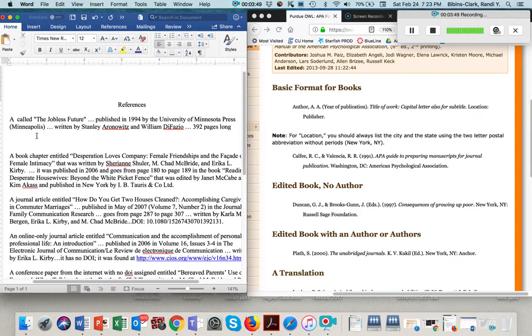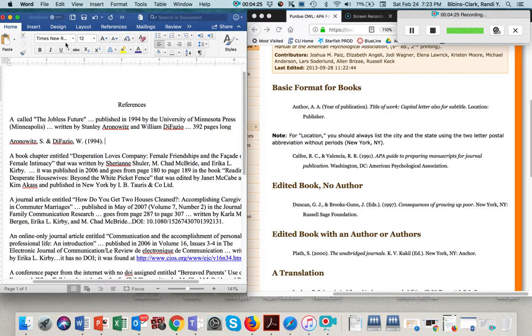The author is Aronowitz, S, and DeFazio, W, period, with a parentheses, and they want the year of publication only. It says year. So even if they gave me a bunch of other information, they only want the year, so I'm going to put 1994. Period at the end.